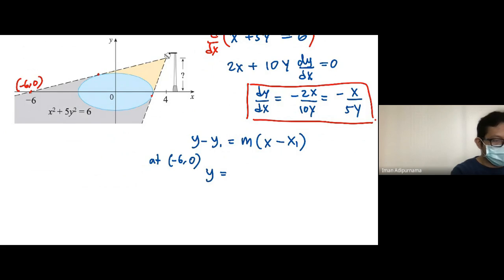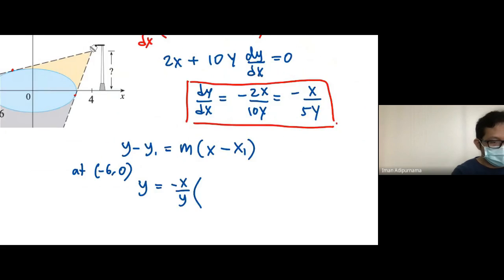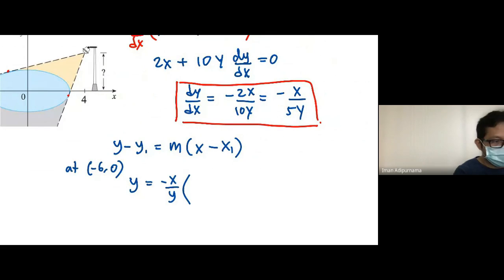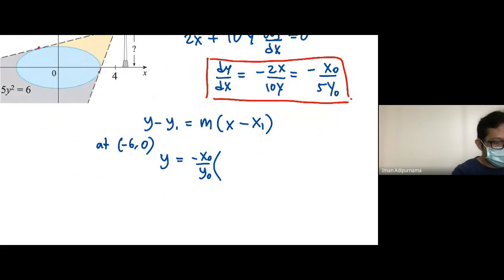So y minus 0 equals negative x over 5y times x. Let me make it less confusing. I think I need to take different variables. So x minus or plus 6, y. Sorry.